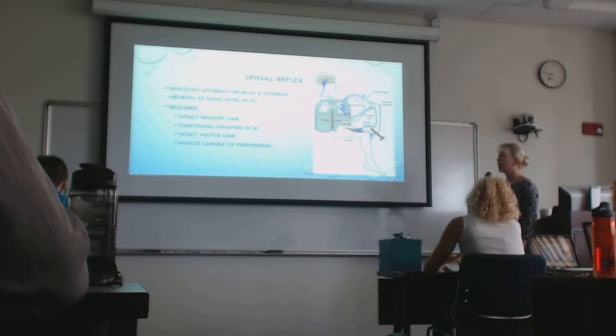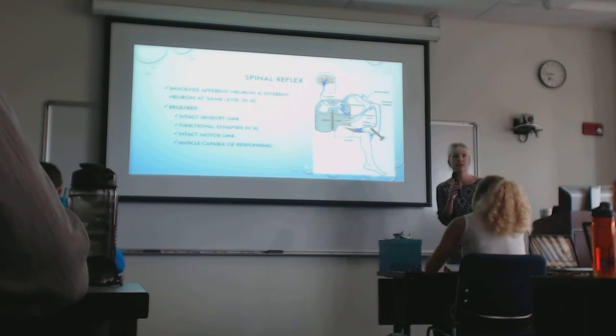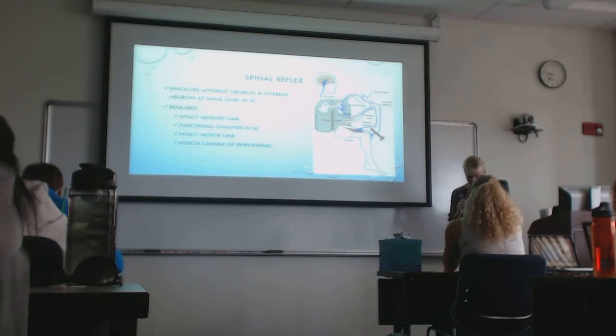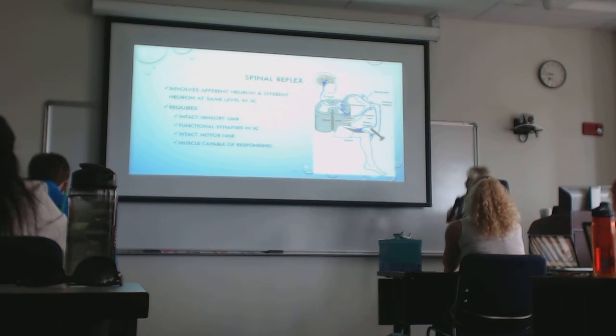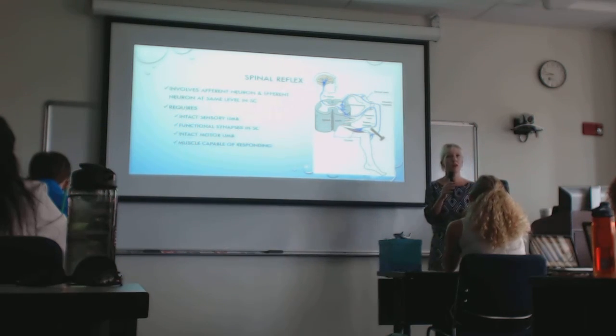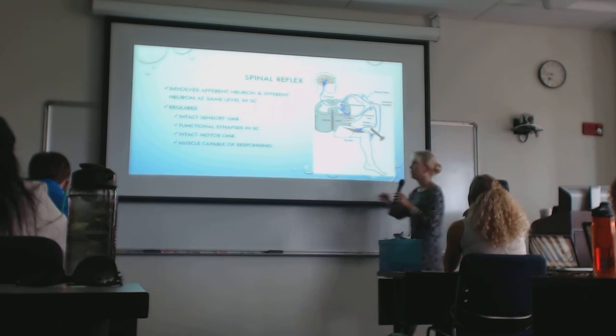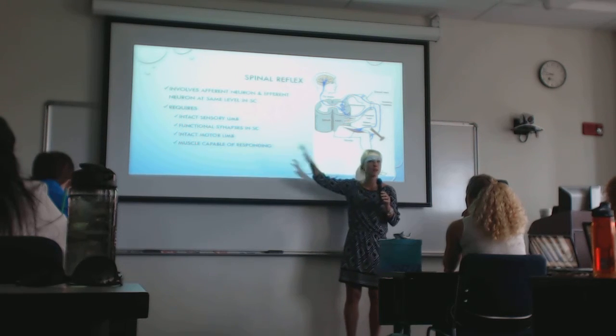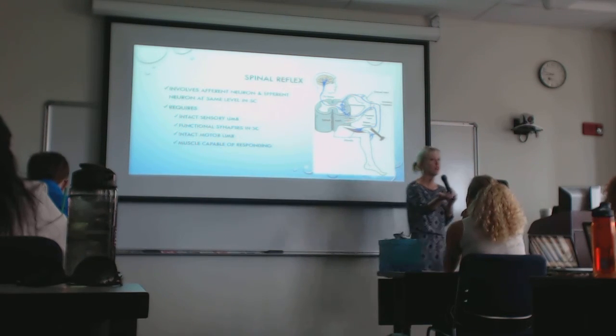So when we talk about afferent fibers, those things coming in, versus our efferent fibers, those things going out and producing that motor function. Remember when we get down to the basics and we just talk about even the knee reflex, we have to have an intact sensory limb. You have to have that intact synapse within the spinal cord. You have to have an intact motor limb, and you actually have to have a limb, okay? So you actually have to have intact muscle function for that nerve to innervate.